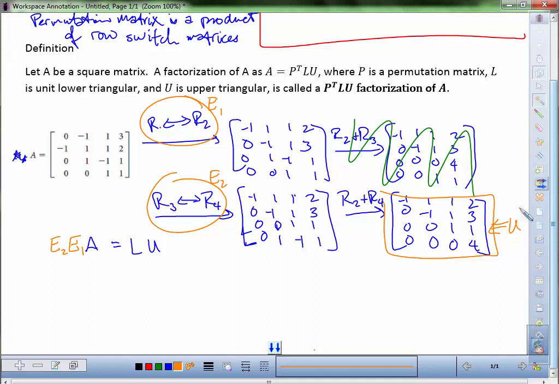So let's first find our lower triangular matrix. So L is equal to, now remember this is a unit lower triangular matrix. So we have 1s in the diagonal. And then we're going to have those coefficients of those row operations that we did.